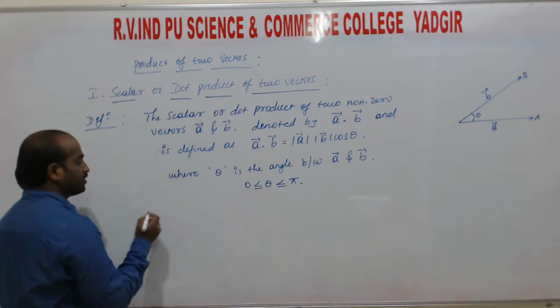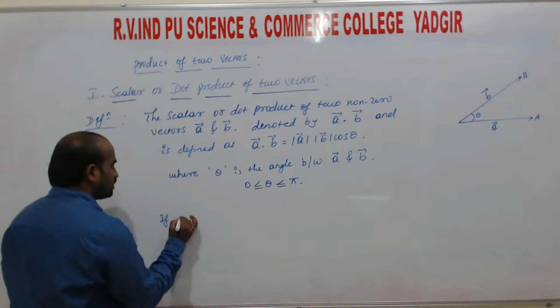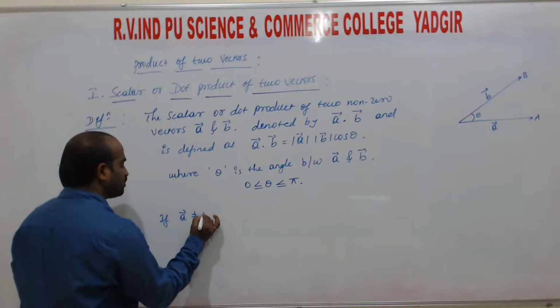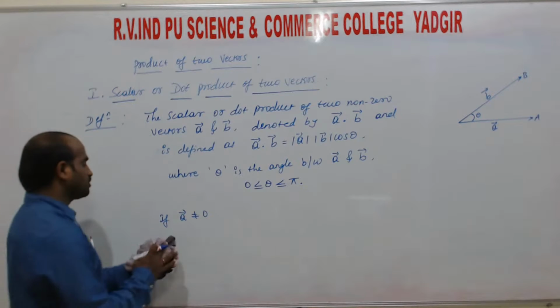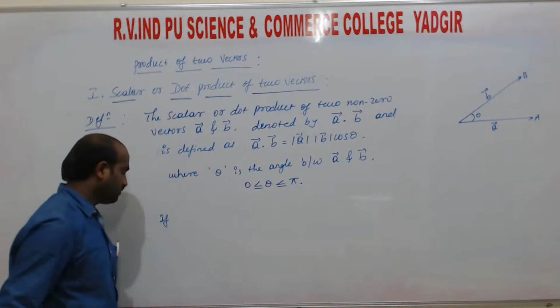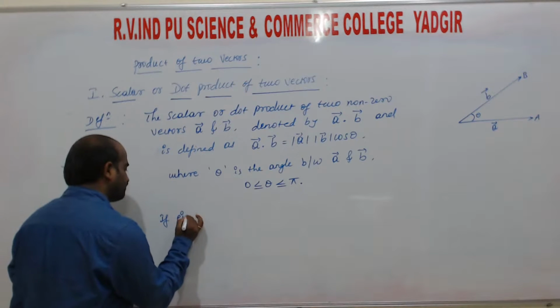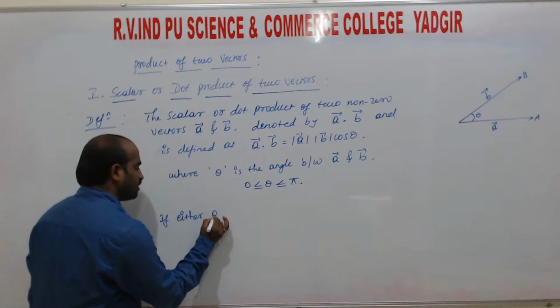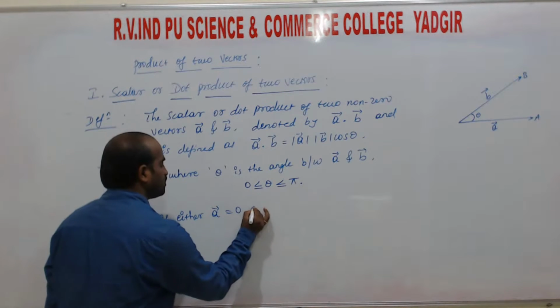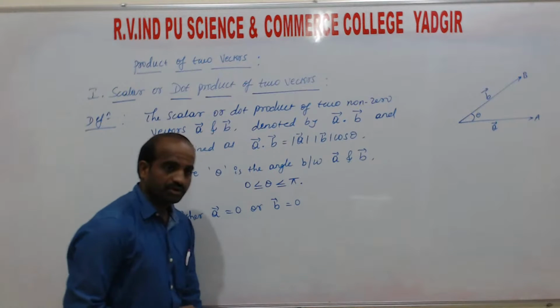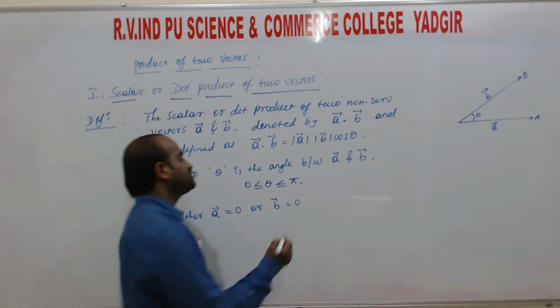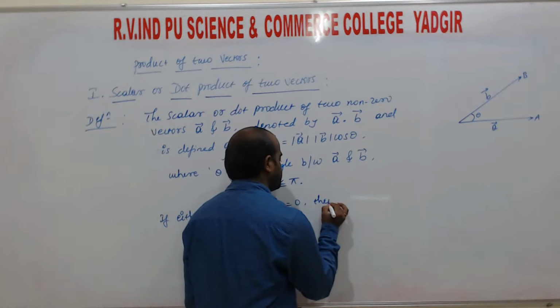Now, if either A vector is equal to 0 or B vector is equal to 0, then theta is not defined.